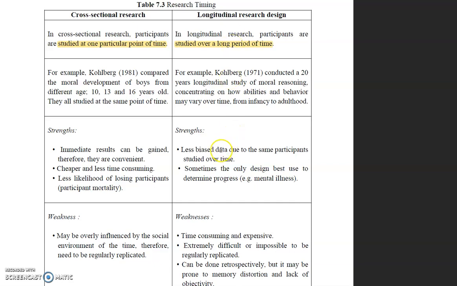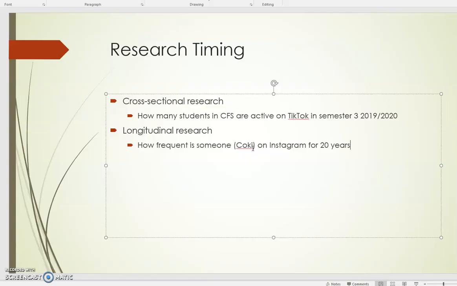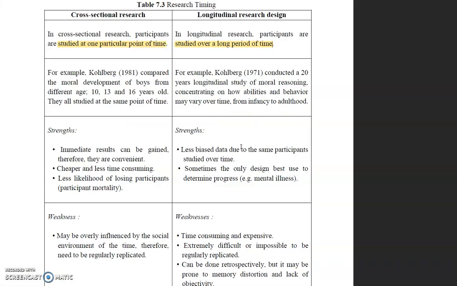The strength of conducting longitudinal research is that there will be less bias because you are using the same participant over a period of time. Here we are researching Chucky, we are only researching Chucky, so there's a tendency for it to be less biased.